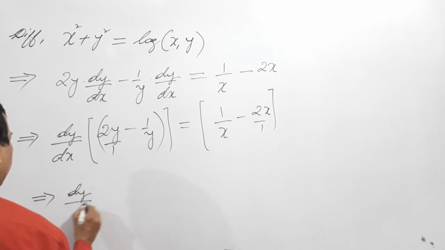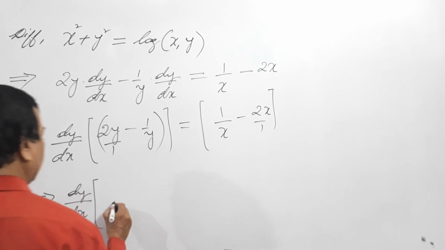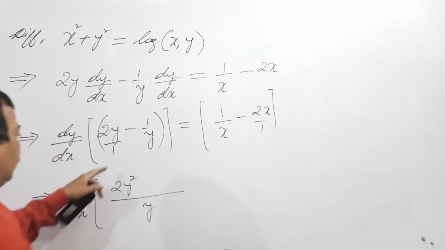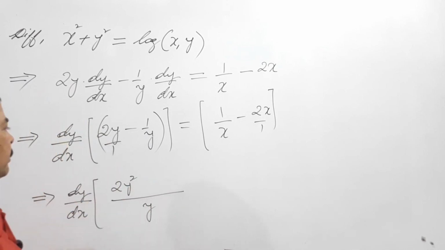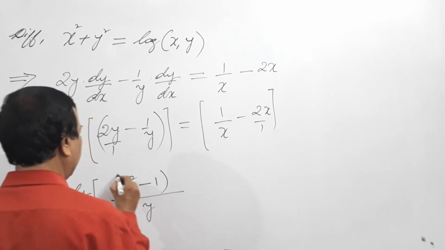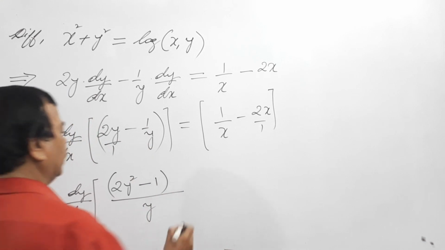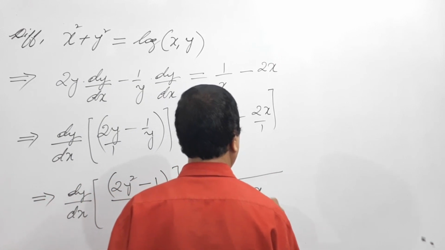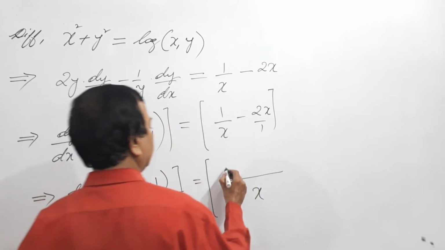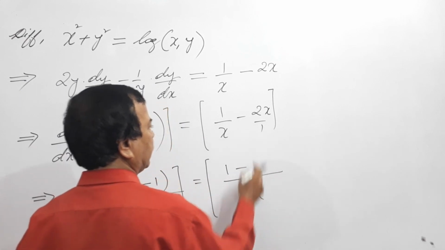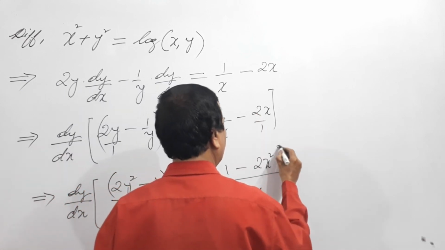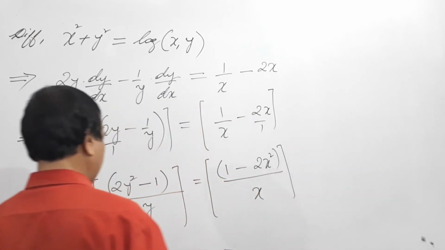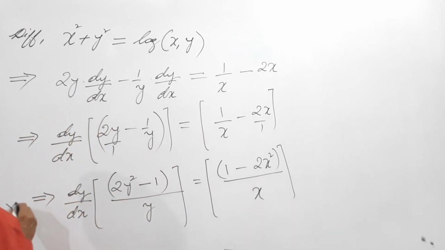That is dy by dx equals to, y is the LCM, goes one time, that becomes 2y square, y into 2y is 2y square, minus 1, y goes one time, so 1 into 1. x is the LCM. This is 1, minus, x into 2x becomes 2x square. So cross multiply. I cross multiply this.